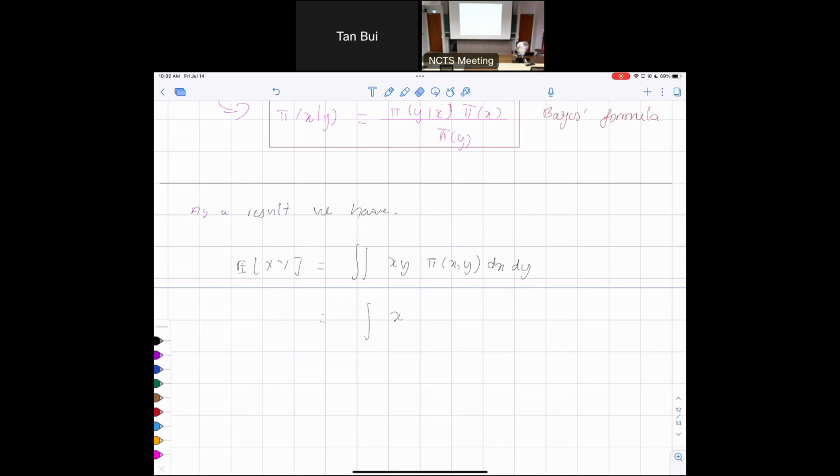If we use conditional expectations, then we can separate things out. We're going to do the conditional expectation with respect to x first, and then we do dy.